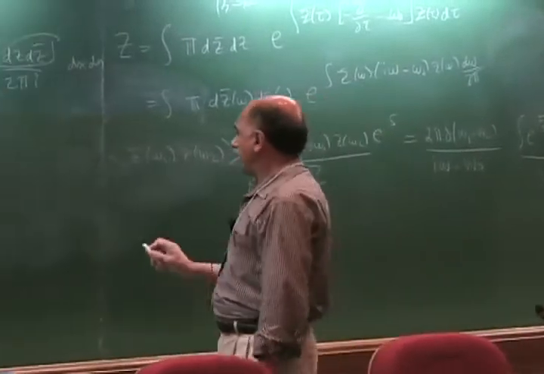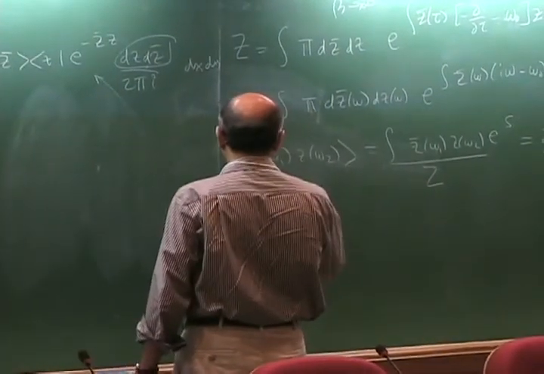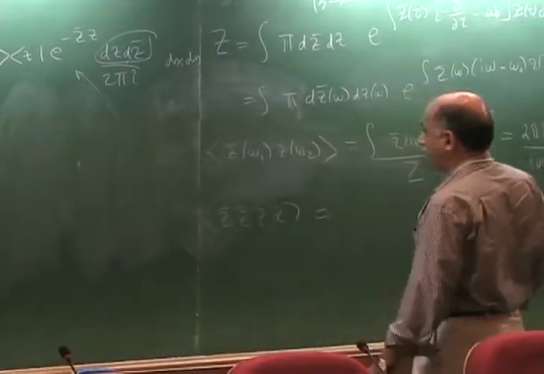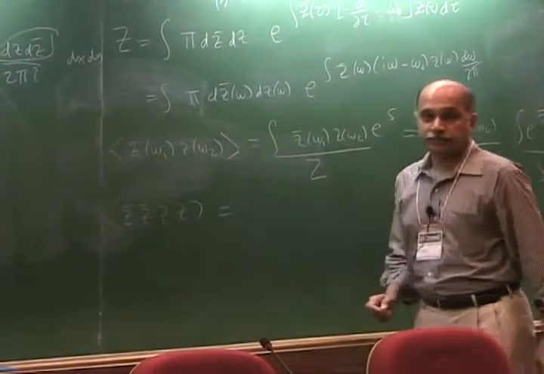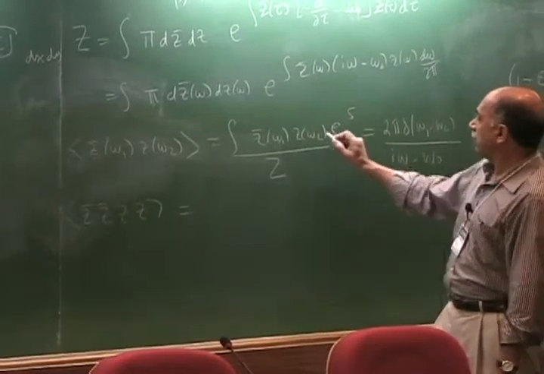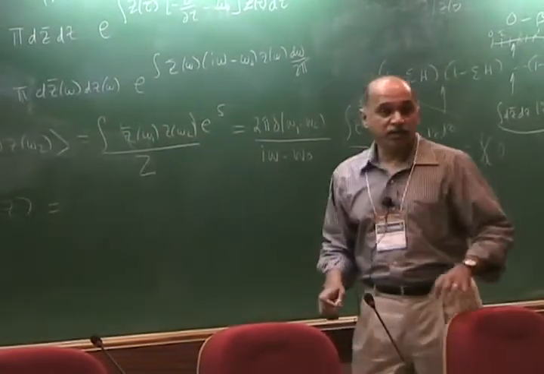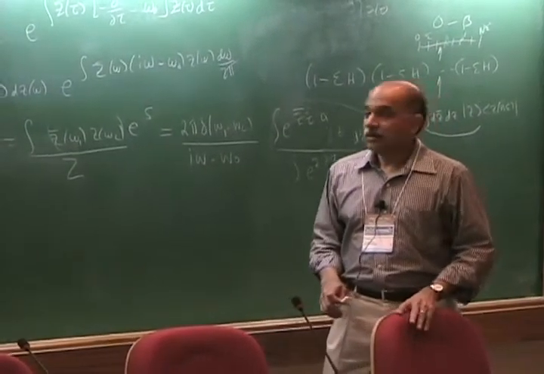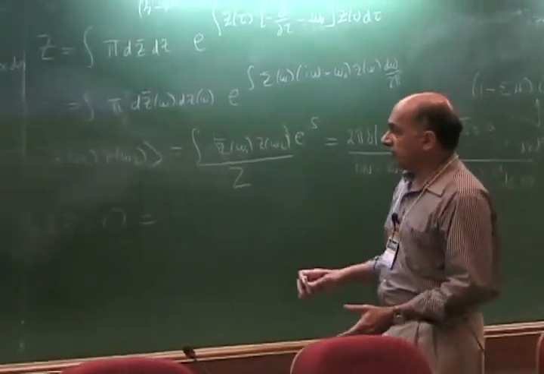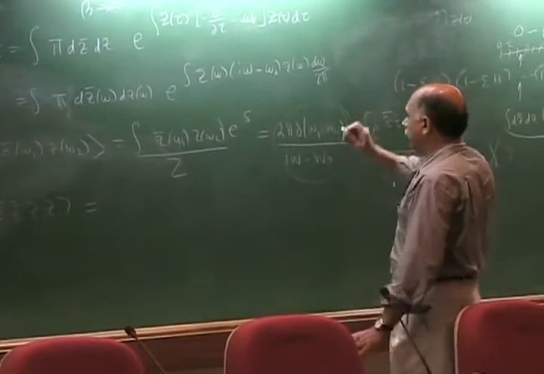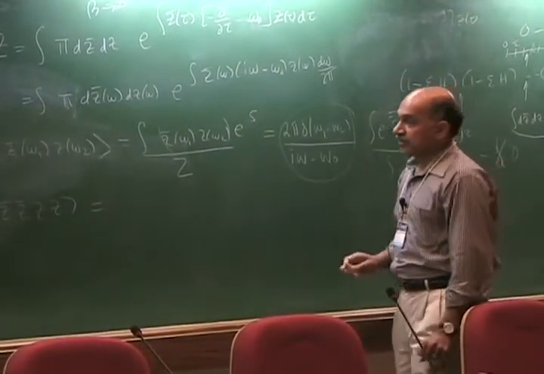Now sometimes people are interested in a lot of z bars and a lot of z's. I'm not going to write the labels, 1, 2, 3, 4. So I want to put here not 2 of them, but 4 of them. If you put an odd number, you don't have any chance. You're going to get 0. If you put an even number, you can ask what it is. And all of these can be written in terms of this. That's called Wick's theorem.